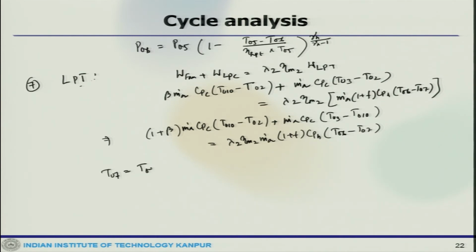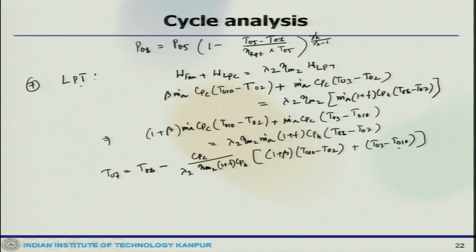T naught 7 equals T naught 6 minus Cpc by lambda 2 eta m2 (1 plus f) Cph into [(1 plus beta)(T naught 10 minus T naught 2) plus (T naught 3 minus T naught 10)], and the pressure at the outlet will be P naught 6 into 1 minus (T naught 6 minus T naught 7) by eta LPT into T naught 6, raised to gamma h by gamma h minus 1.